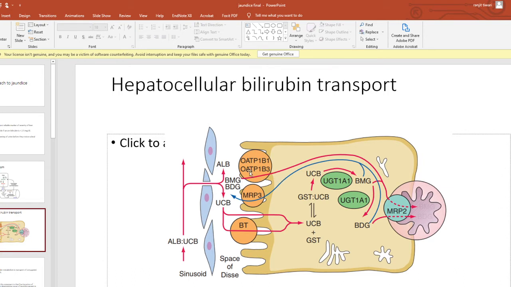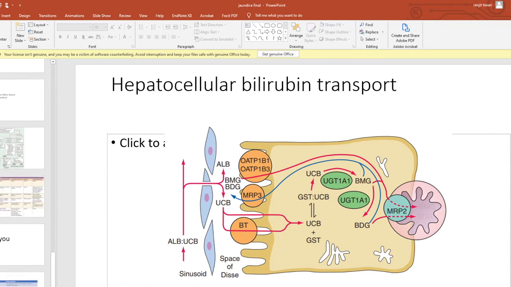It means bile acid transport can occur even if there is a defect in this transporter. So bile acid transport is not conducted by this transporter, only anions. And bilirubin monoglucuronide and diglucuronide are transported by OATP1B1 and OATP1B3.